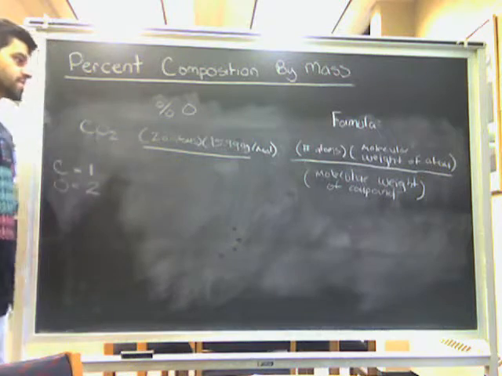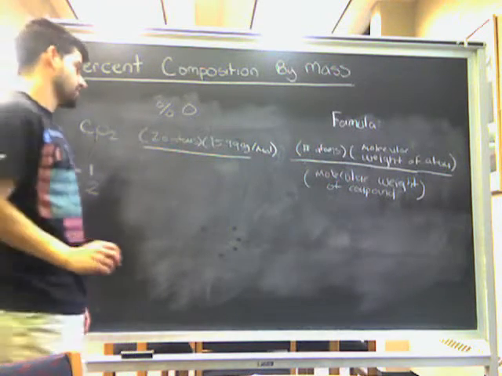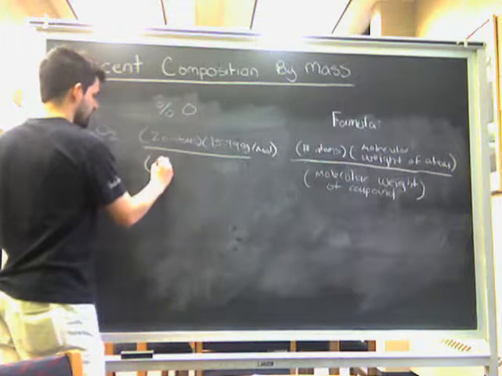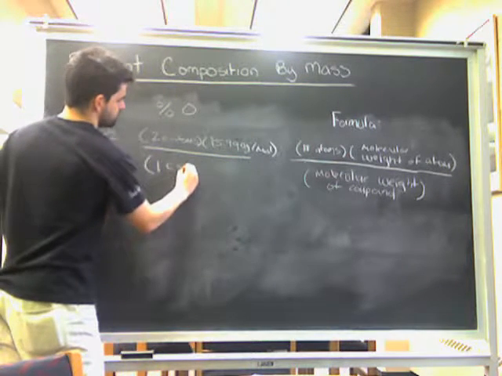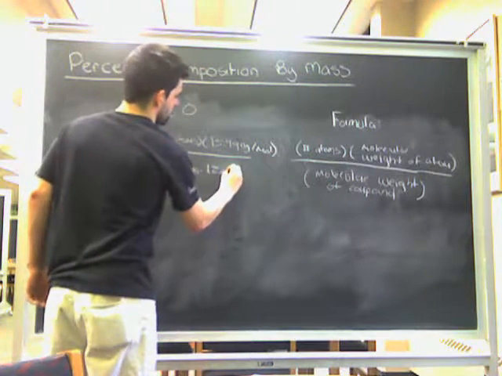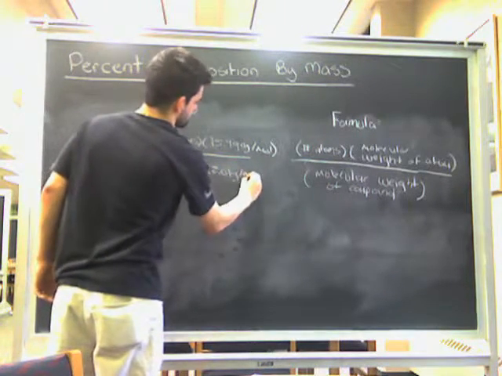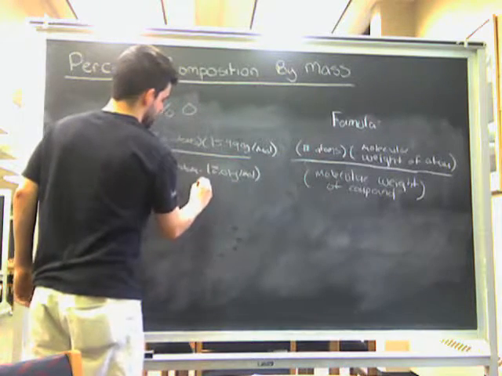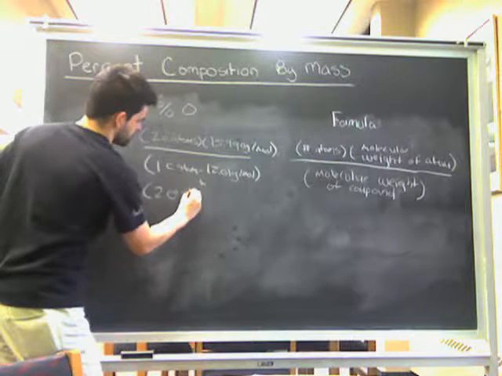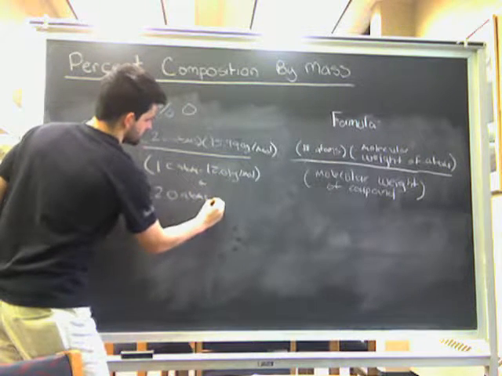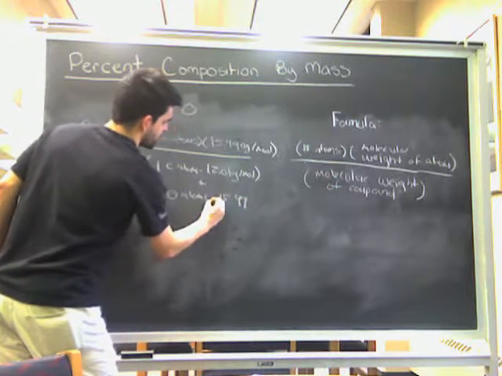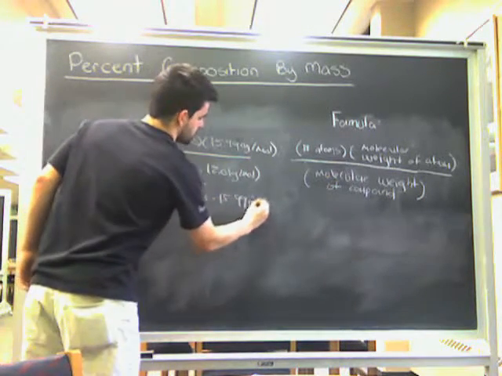And then what we're going to do is calculate the molecular weight of the entire compound. So again, we can take one carbon atom, multiply it by its molar mass, which is 12.01 grams per mole, add 2 O atoms times 15.99 grams per mole.